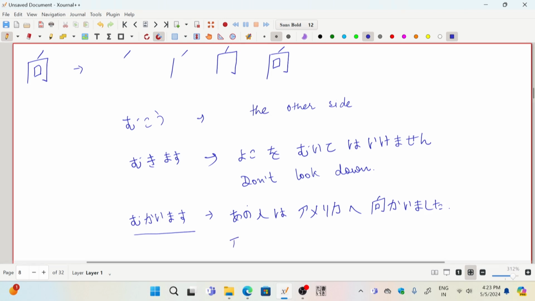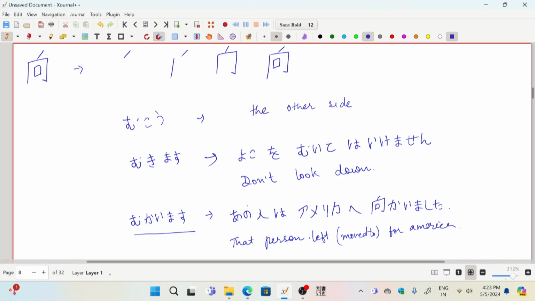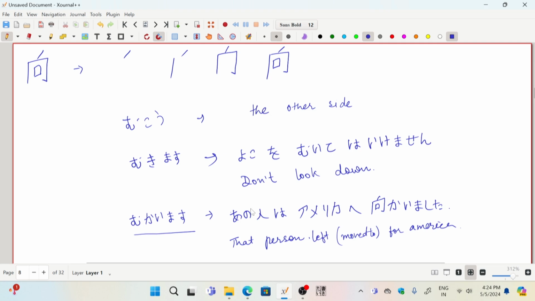So that person moved to or left for America. So this is how the kanji of muko is used.